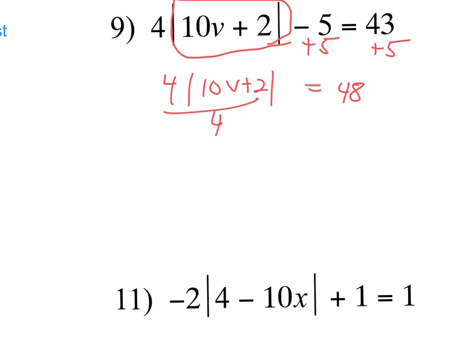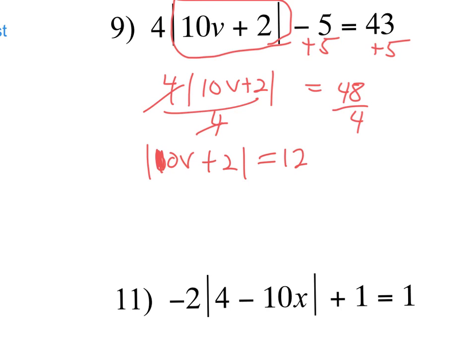Dividing by 4, because the 4 is on the outside of the bars, 10v plus 2 is equal to 12. Now I can undo the bars.